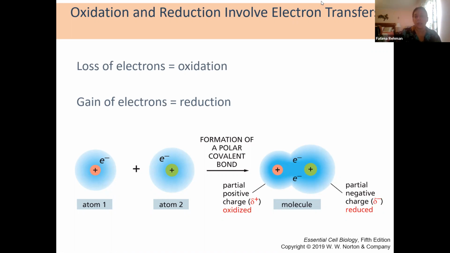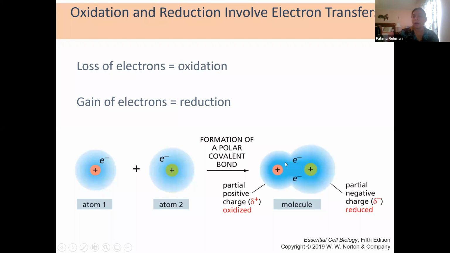So here you have an example of two atoms that are going to combine together in a polar covalent bond. When you form a polar covalent bond, one of the atoms is going to kind of hog the electrons for a longer time than the other, usually because of a larger size, because they have more electrons, more protons, more neutrons that can pull the electrons more towards themselves.